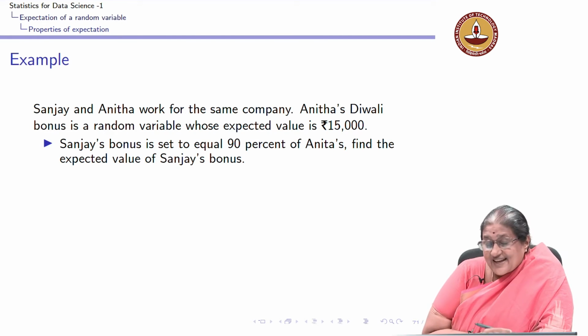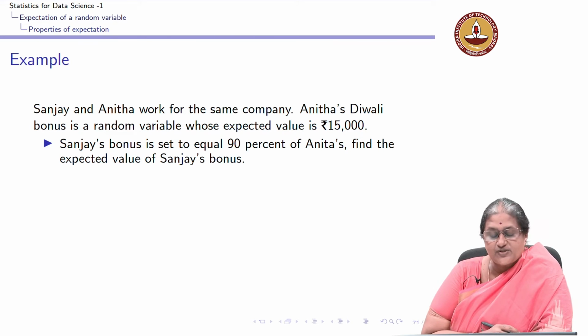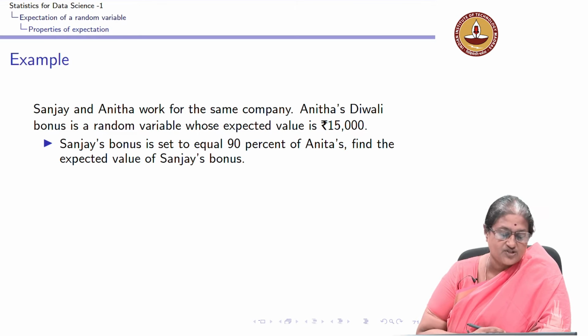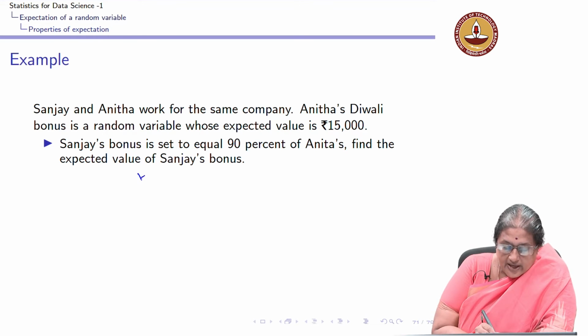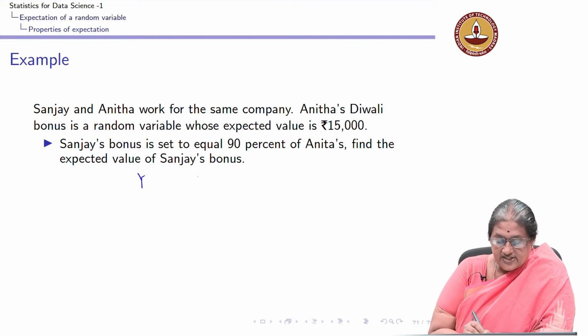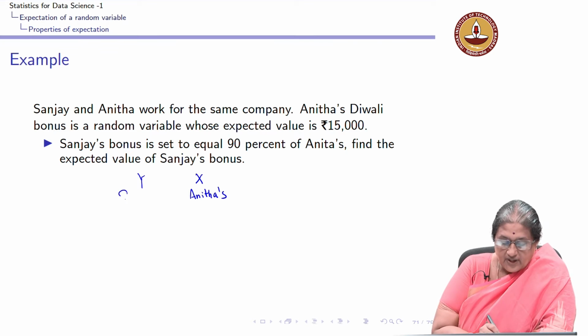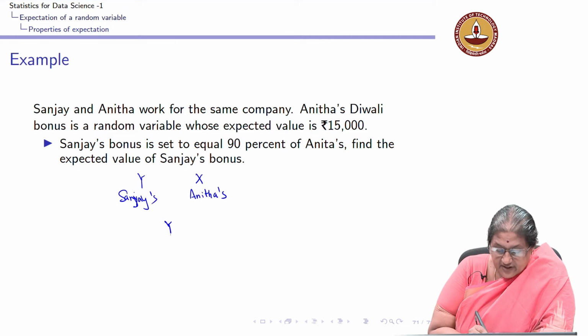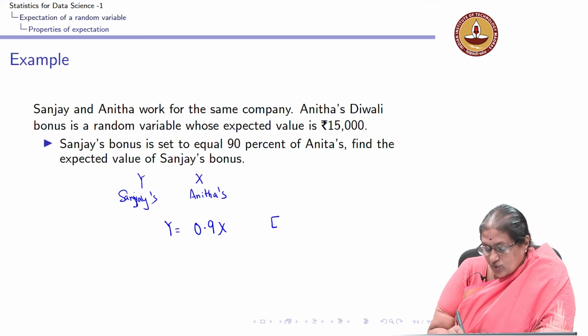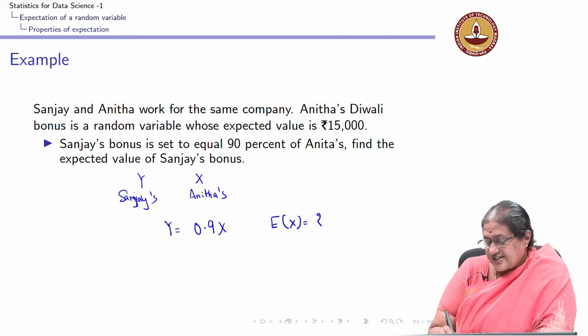Now, the next thing that is given to us is Sanjay's bonus is equal to 90% of Anita's bonus. So, let y be Sanjay's bonus, x is Anita's bonus. What is given to us, y is 0.9 times x. I know the expected x is 15,000 rupees.